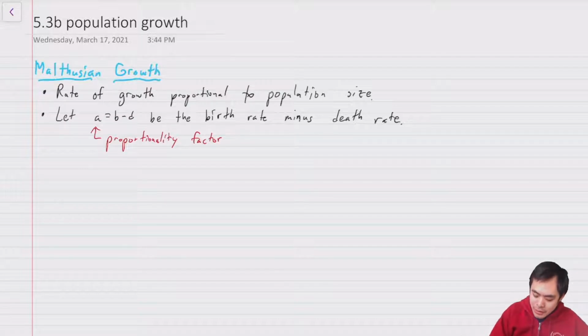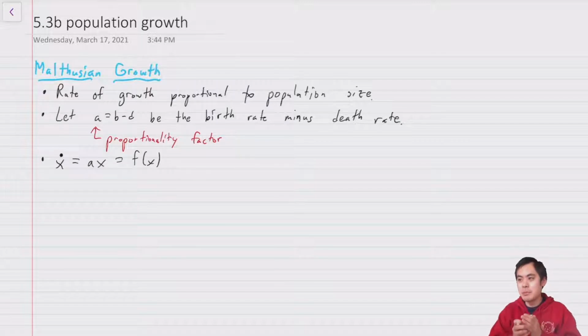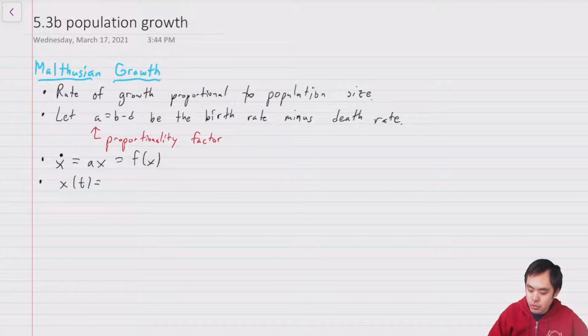Okay, so once we have that, well, we want the rate of growth, which is just x dot, or dx dt. Well, we want that to be equal to a times x. And this is some function f of x. So this is in many ways the simplest possible non-trivial differential equation. And we know how to solve this. So x of t is equal to the initial value, x naught, times e to the a t.